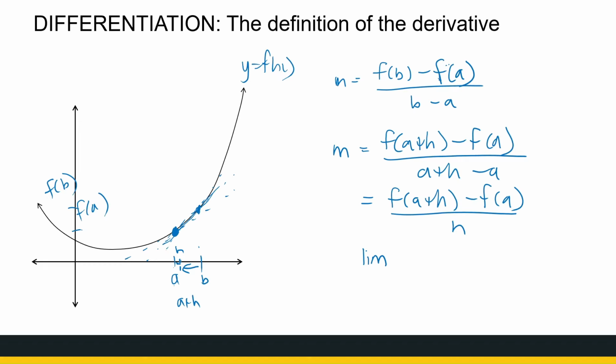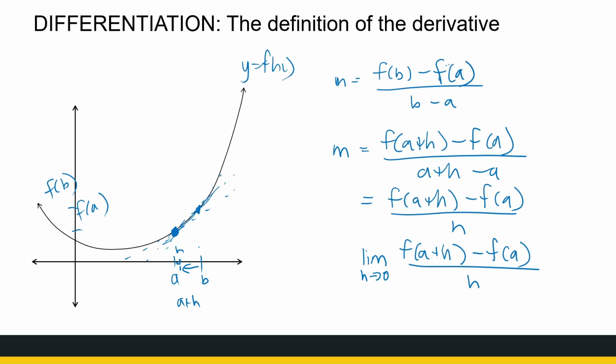We can't find the gradient of a line with just 1 point. We need 2 points. So we're going to look at the limit as h approaches 0. So it never gets there, but it gets so practically close to 0 that it doesn't matter. It's insignificantly close. So the limit as h approaches 0 of f of a plus h minus f of a over h.